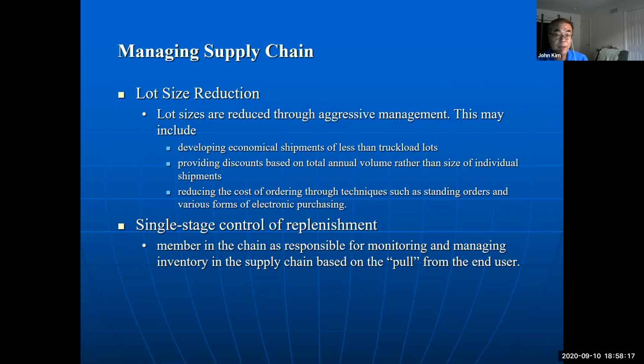So if I buy something, it automatically changes the inventory level, and when the inventory level is low, it automatically sends a purchasing order and so on. So that mechanism is a single stage control of replenishment. Many companies use this.